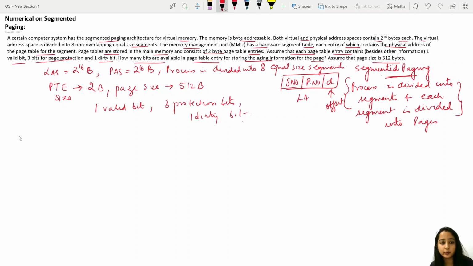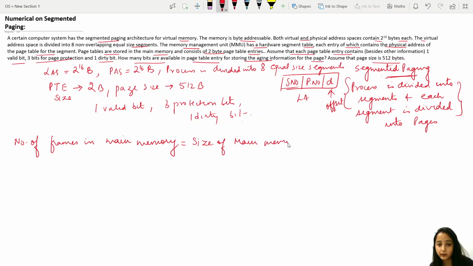For this, first we have to calculate the number of frames in the main memory. How we calculate it? If you don't know how to find the frames in the main memory, you can refer to the previous videos also. So it will be size of the main memory divided by page size.